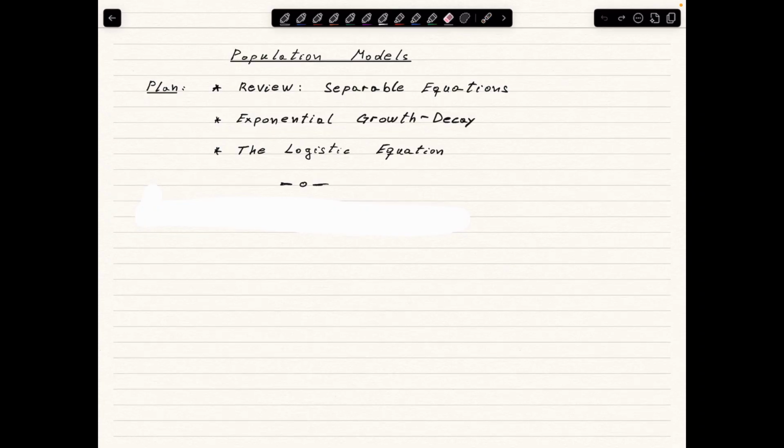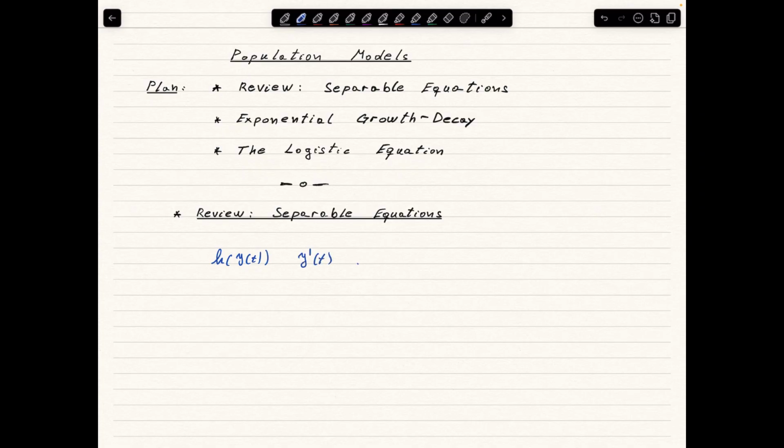Let's start with a brief review of separable differential equations. A separable differential equation is an equation that can be written in this form: some function of the variable y multiplied by y prime equal something that doesn't depend on y, so let's call it g of t.